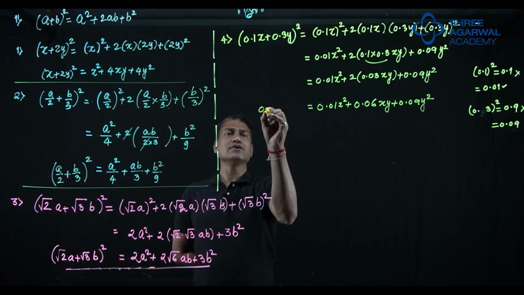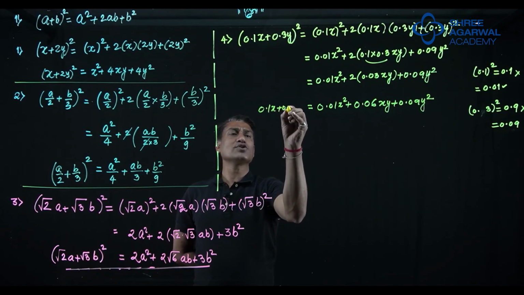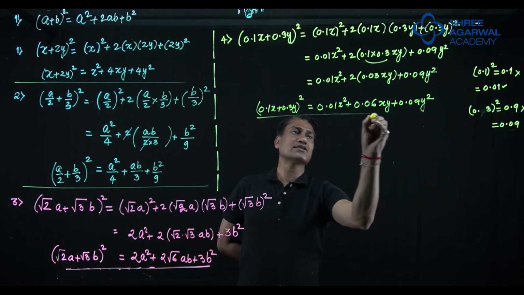So finally (0.1x + 0.3y)² will be this simple answer: 0.01x² + 0.06xy + 0.09y².